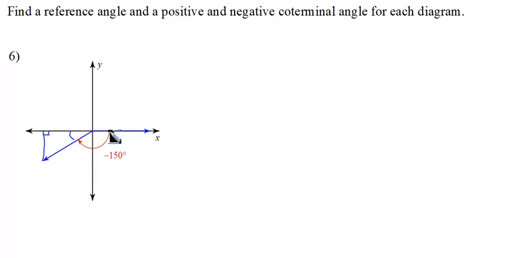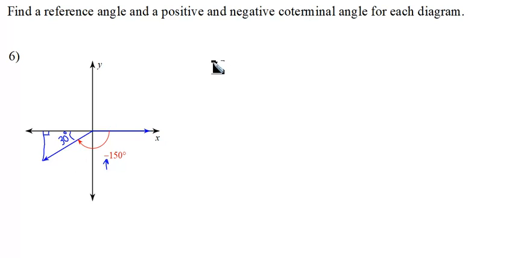Here, we've traveled 150. Now, you might be looking at that negative sign and thinking, well, I've traveled negative 150. You need to remember that negative only refers to the direction. So if this represents 150 degrees and a full semicircle is 180, I know that my reference angle is 30 degrees. And remember, reference angles are always positive angles.